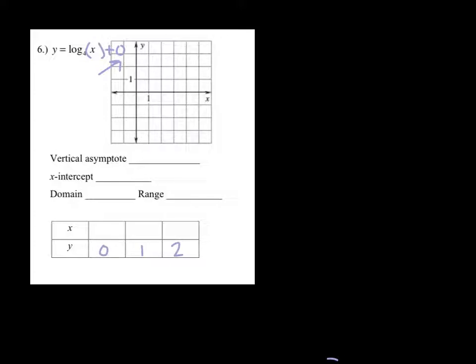So if we plug in 0, so 0 equals log base 4 of x. If there's nothing being added or subtracted on the right-hand side, you can start right away by undoing the log. You guys know when we undo a log, that becomes exponential. So this will become 4 to the 0 power equals x, logs gone. Anything to the 0 power is 1.